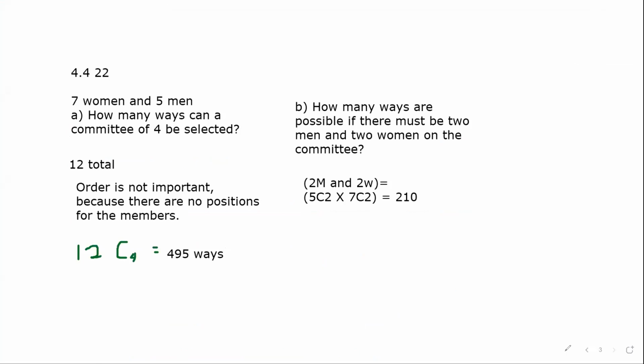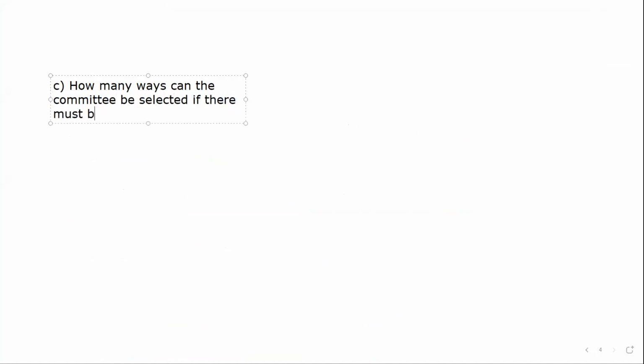Let me put some C on a different whiteboard here. So this is part C of that same question. We want how many ways can the committee be selected if there must be at least 2 women, right?